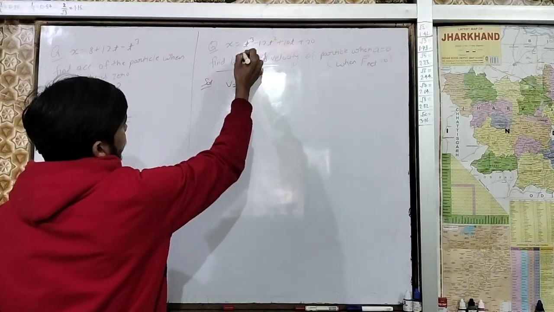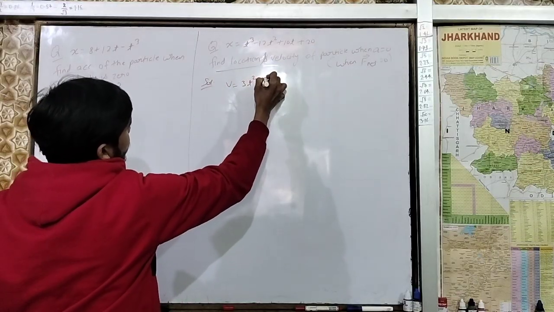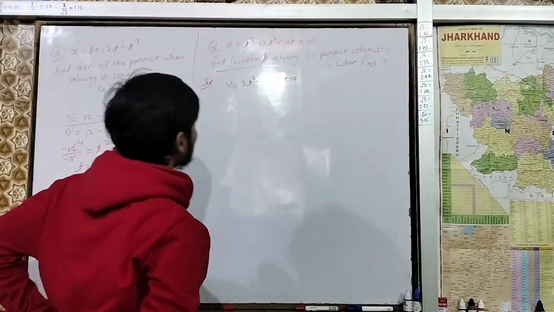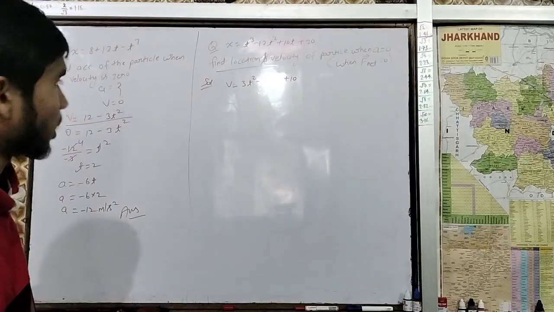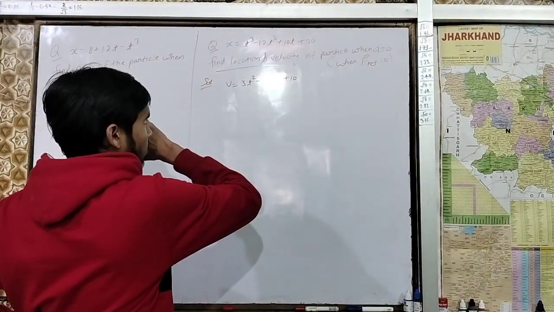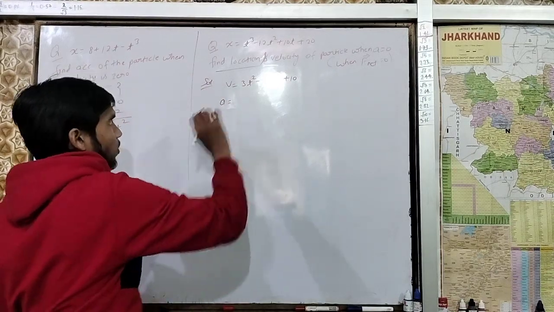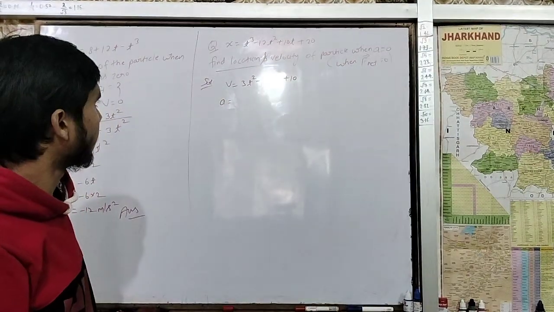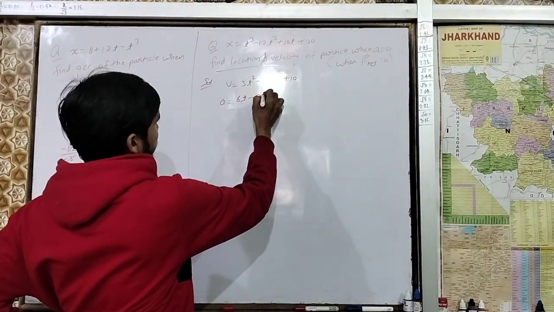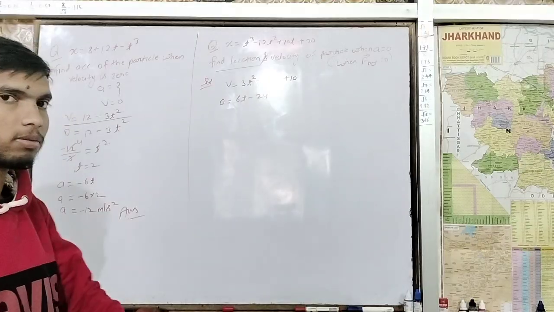So v is going to be 3t square minus 24t plus 10. Now acceleration would be 6t minus 24. Differentiation of 10 is always 0.